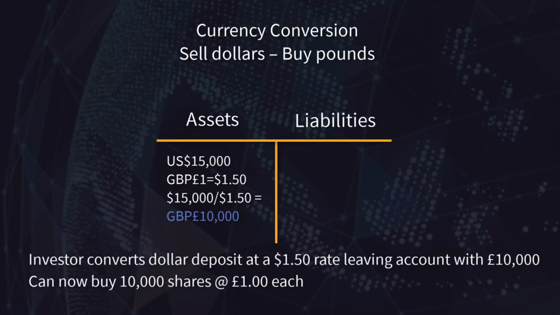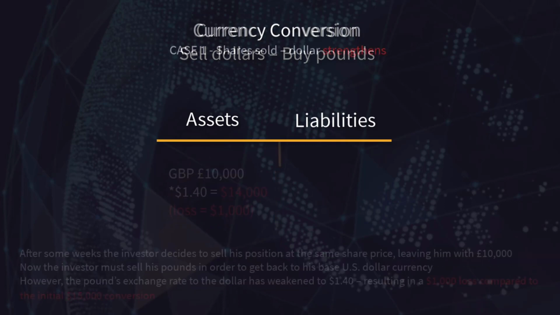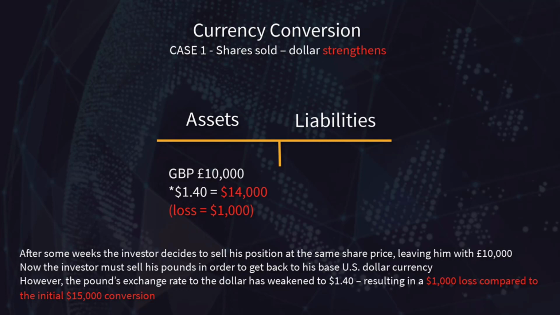Currency conversion, case 1. The investor sells $15,000 and buys pounds at the exchange rate of $1.50. The account now has £10,000 and can buy 10,000 shares at £1 each. Over a few months, the share price has not moved, but the pound has weakened, buying fewer dollars.